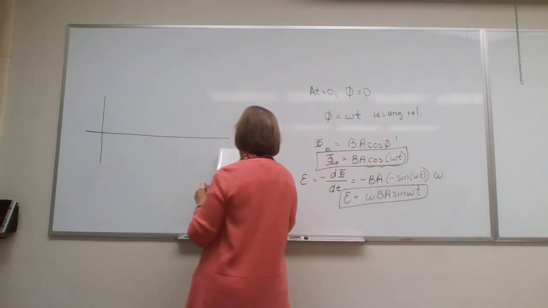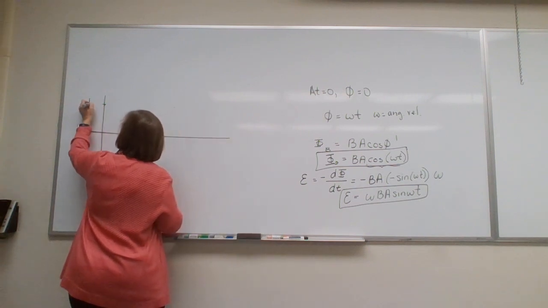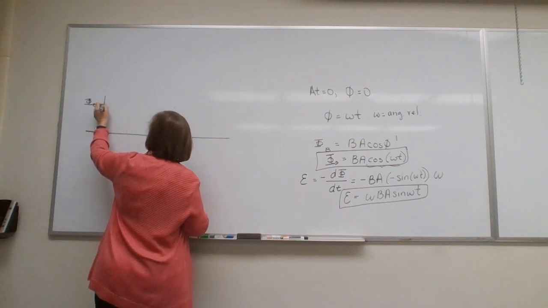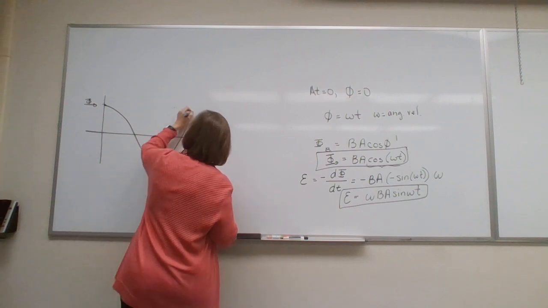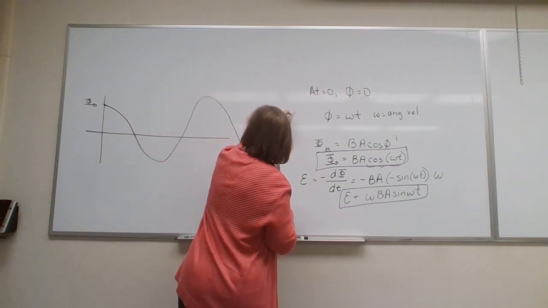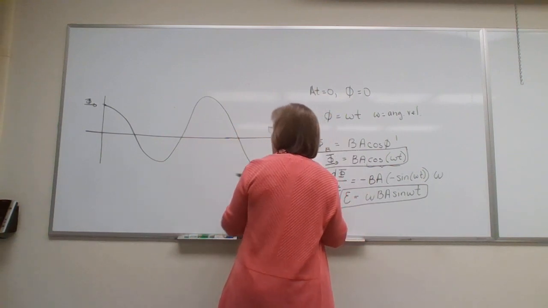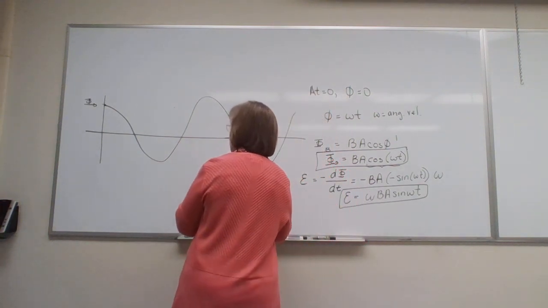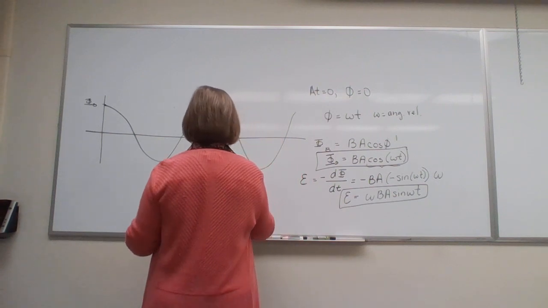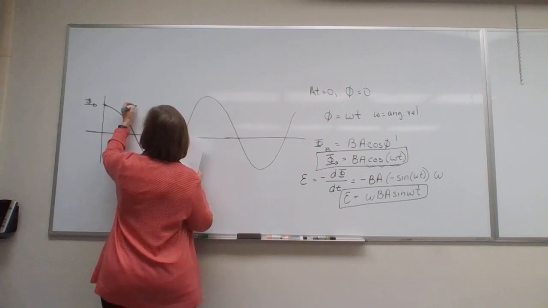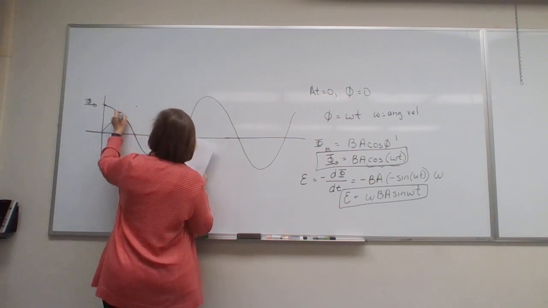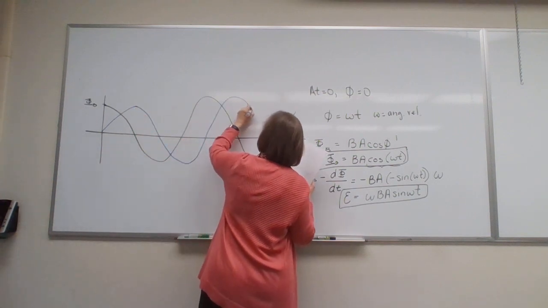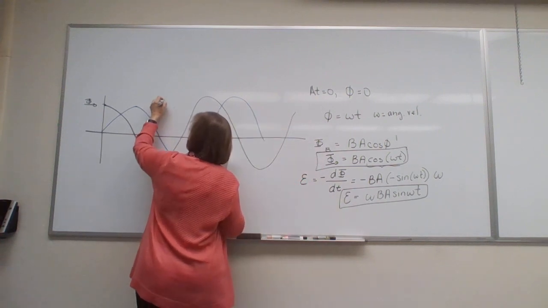If I were to graph the flux as a function of t, it would look like a cosine wave. It would start with its maximum at 0. That's probably not a perfect looking graph. That's the flux. If I want to graph the EMF, I'll do that in blue. The EMF is actually going to be out of phase. It's going to have its maximum values right here, and it looks like this. So this would be the EMF.